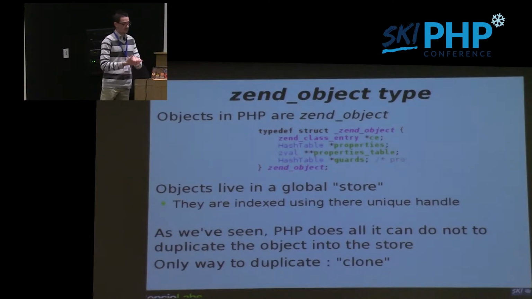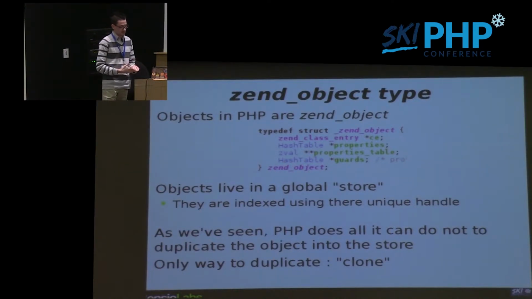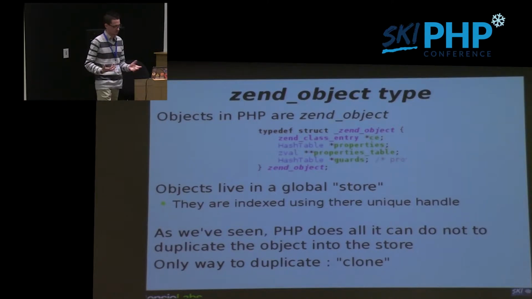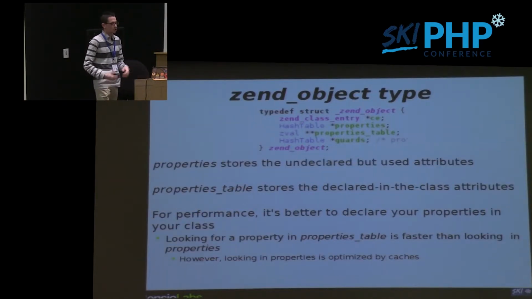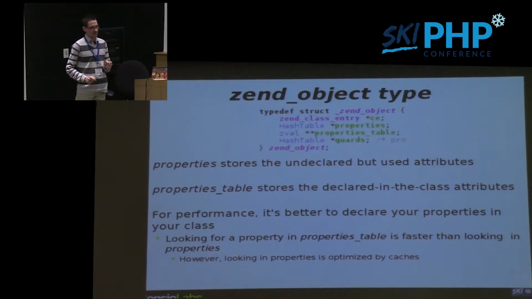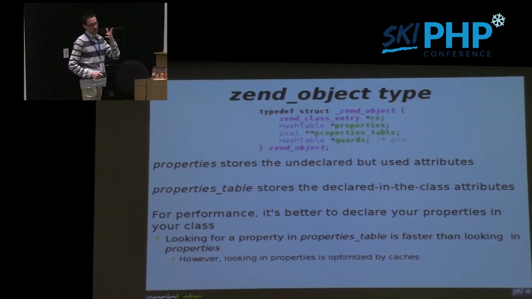As we've seen, PHP does all it can to not duplicate an object in the store. Okay, if you want to duplicate an object in the store in PHP memory, you have to use the clone keyword. So properties and properties table, this is a little bit tricky. Anyway, try to declare PHP object attributes in a class and try not to assign them at runtime.